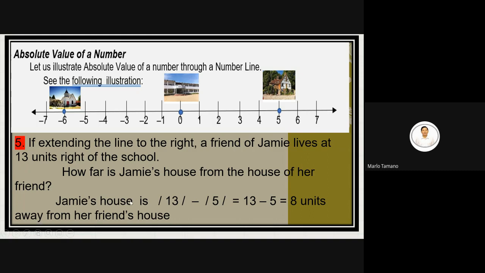James' house is the absolute value of 13, and the friend's house is the absolute value of 5. So, the absolute value of 13 is 13 minus the absolute value of 5, which is 5, equal to 8 units. So, 13 minus 5 is 8, and that is 8 units away from her friend's house. Question?